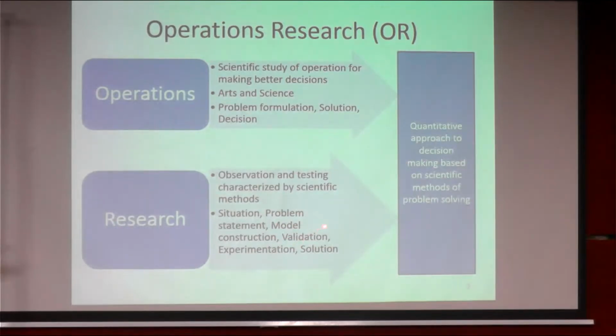After modeling, you validate it by experimenting. Then you find the solution. So combining these two, operations research is a quantitative approach to decision making based on scientific methods of problem solving.